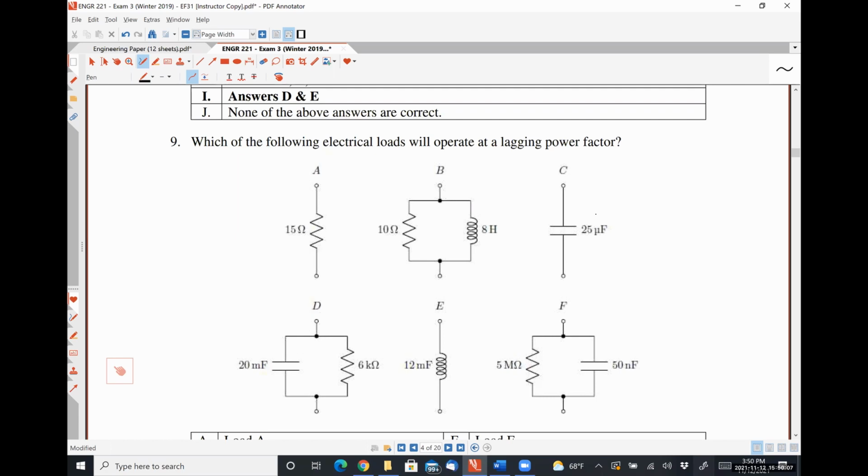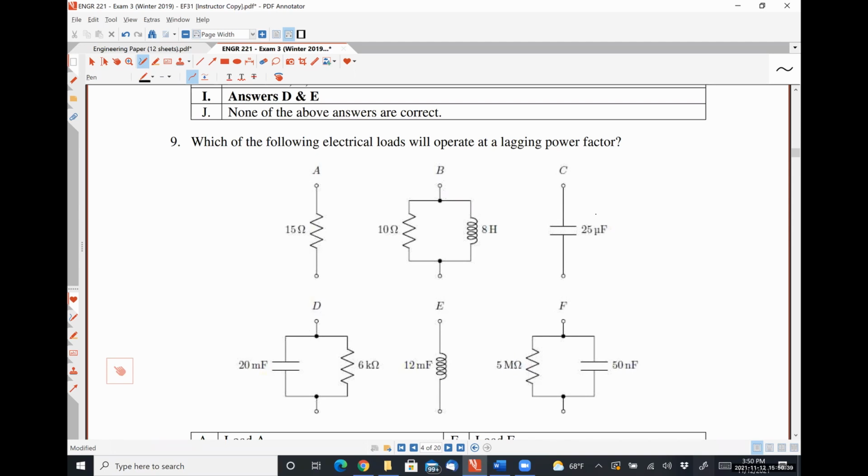When we look at C, the power factor angle is going to be negative 90 degrees, which means the power factor is 0. 0 is neither leading nor lagging. If we look at E with just the inductor by itself, the power factor angle will be positive 90 degrees, which will mean the power factor is 0 as well, which is neither leading nor lagging. So the ones that we need to concern ourselves with then are B, D, and F, okay?